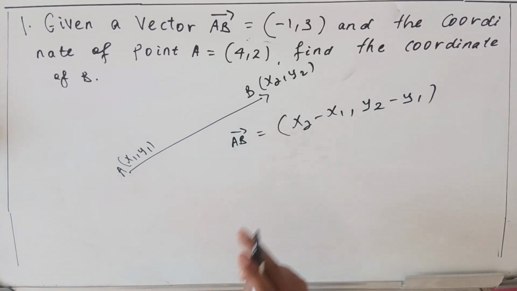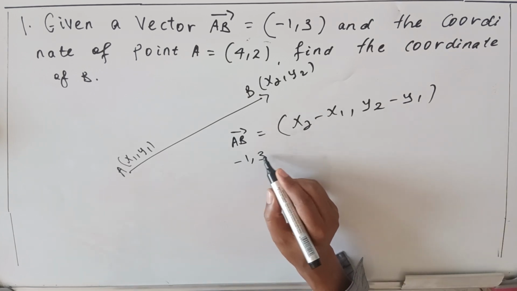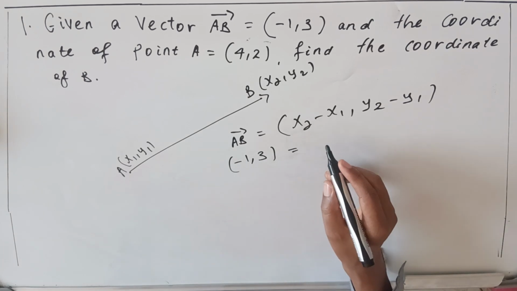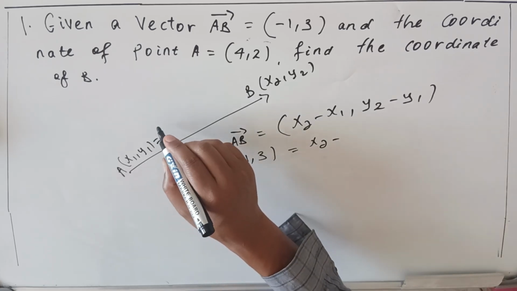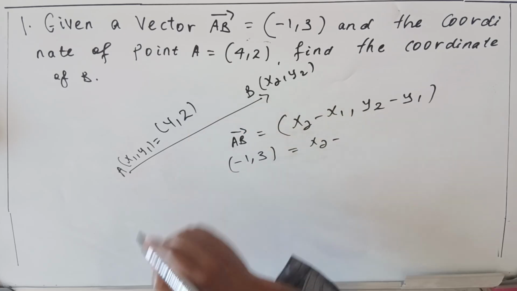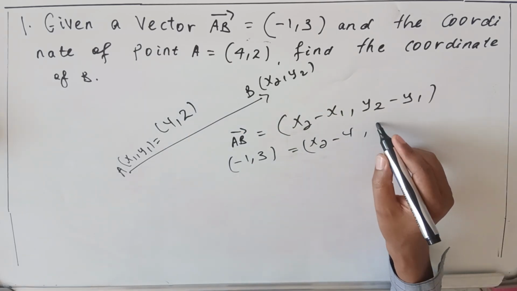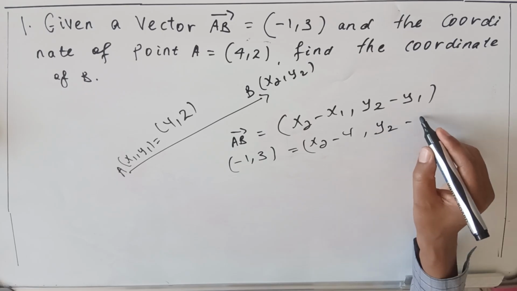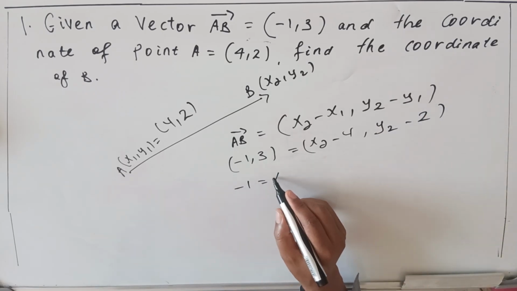Given that the component form is -1,3, it is equal to x2, the terminal point, minus x1, the initial point, that is 4 and 2, that is x2 minus 4 and y2 minus 2.